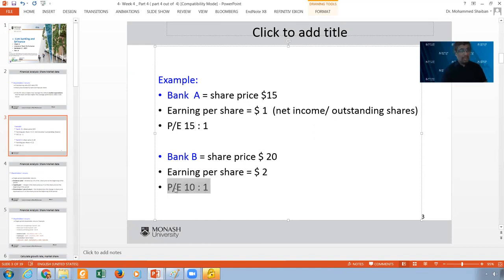So what happened is that the investors still earn only 1 here and 1 here, which is the earning per share, but they see something in Bank A that is growing in the future. This is why they are willing to pay 15 now, expecting growth and expecting the earning per share to be higher in the future. So this is the first concept.